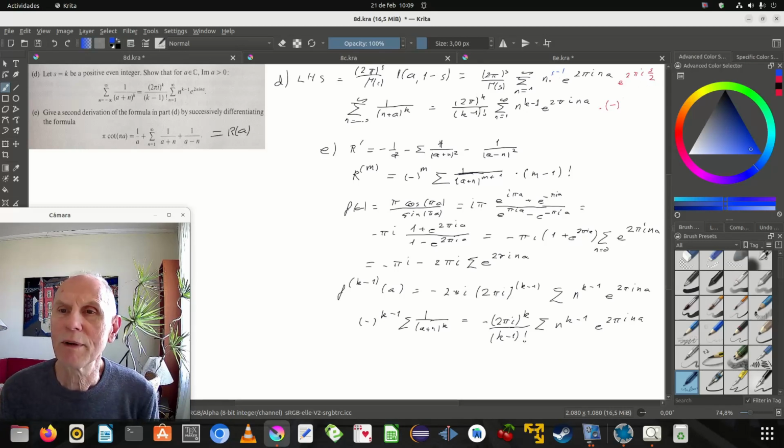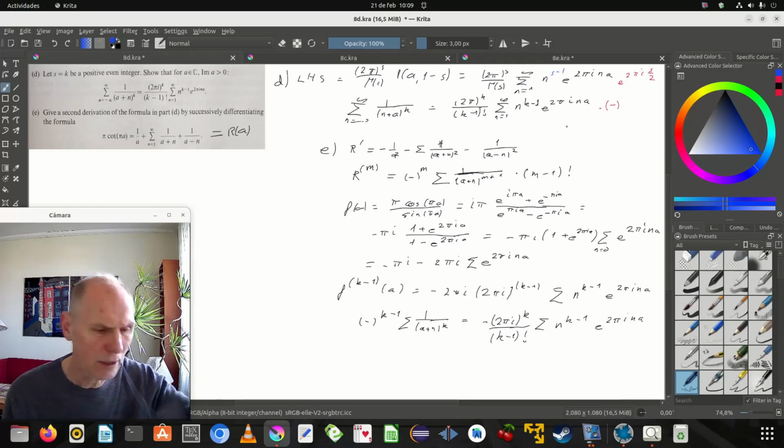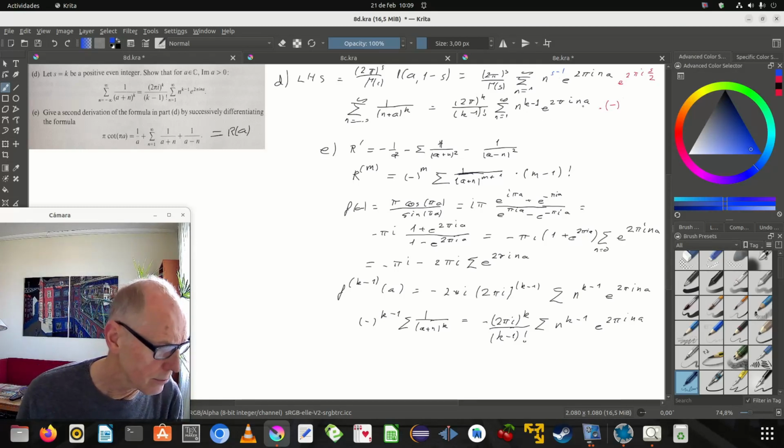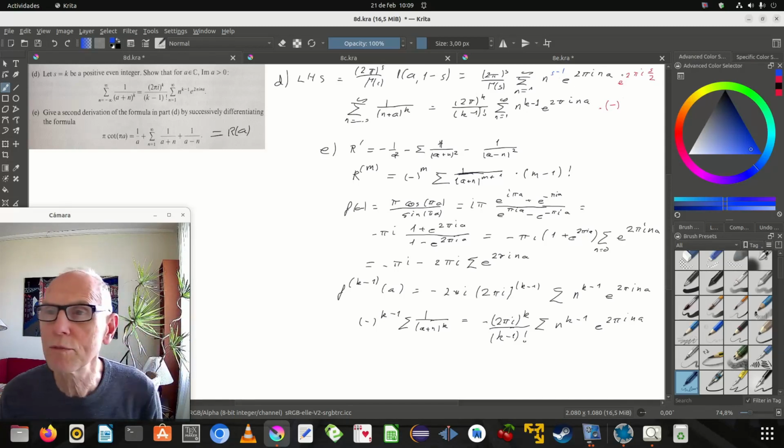And then when we let S be K, then it's e to pi I. Shouldn't that be minus, by the way? It's moved to the other side, so it should be a minus as well. So it's still minus 1 to K.